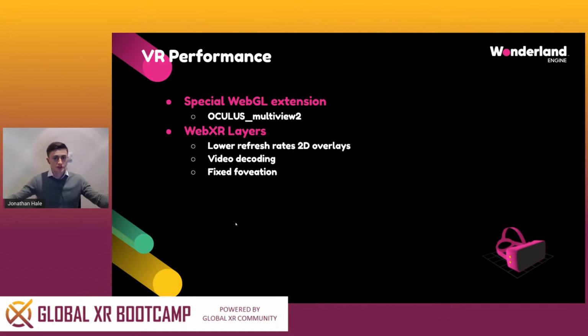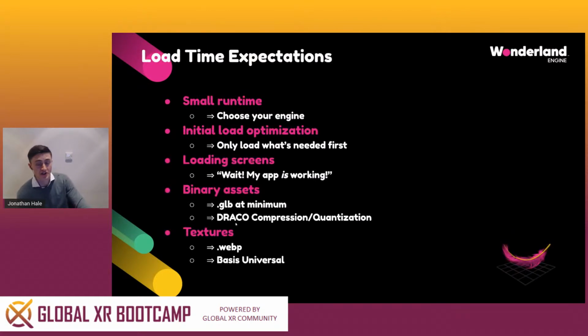But we don't have to continuously refresh that at 70 or 90 frames per second, right? WebXR Layers will allow us to do more efficient video decoding into a 360-degree video layer, and it'll allow us to do things like fixed foveation. So lots of nice things coming there.